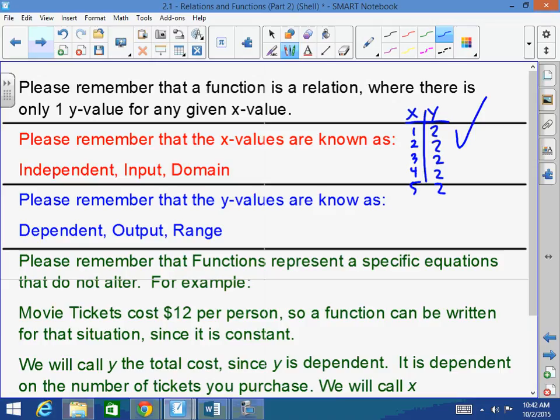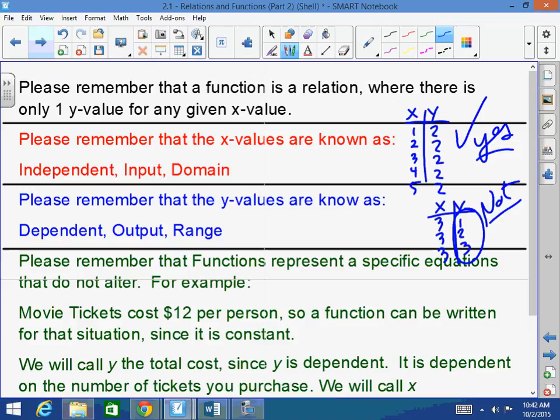You can have different X's for the same Y. What you cannot have is this: Y is 3, 3, 3 and X is 1, 2, 3. This is not a function. You can only have one Y for any given X in a function.